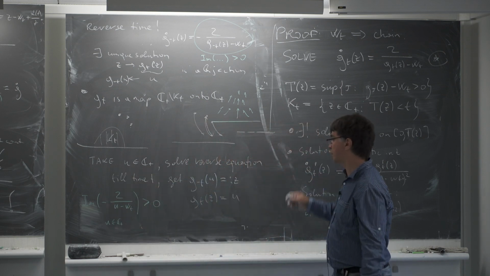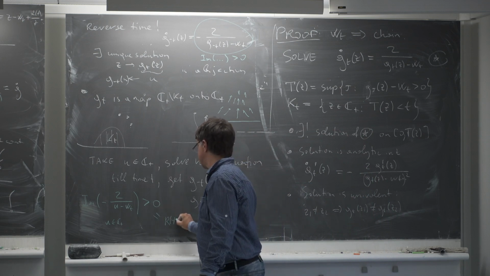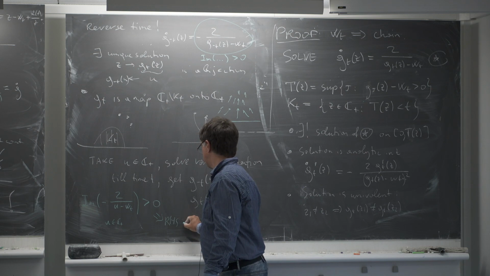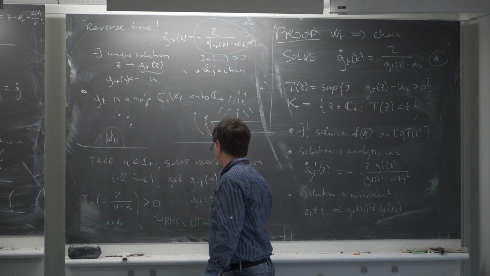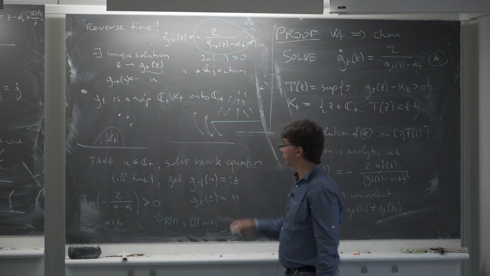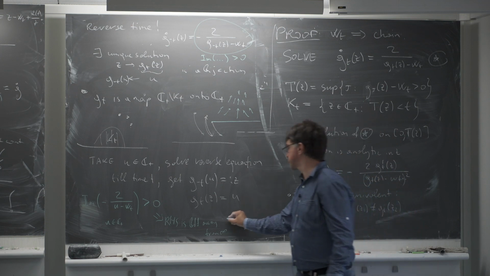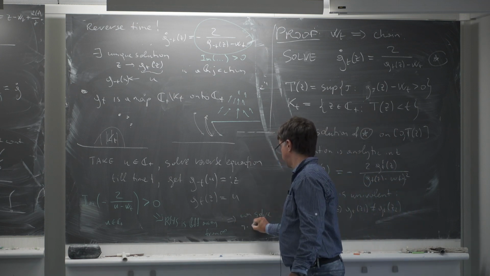So you always go up. So that means that the right hand side is bounded away from infinity, because the denominator never crashes to 0. So we can solve forever.